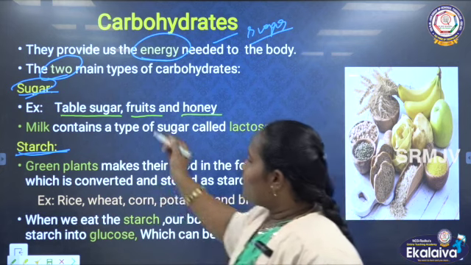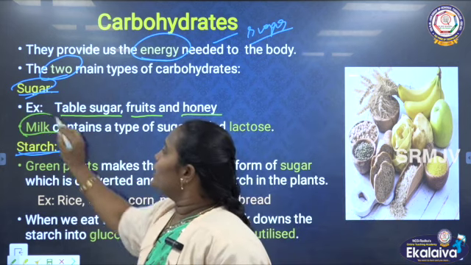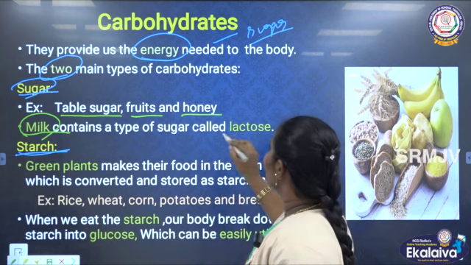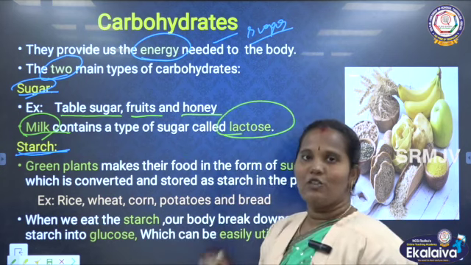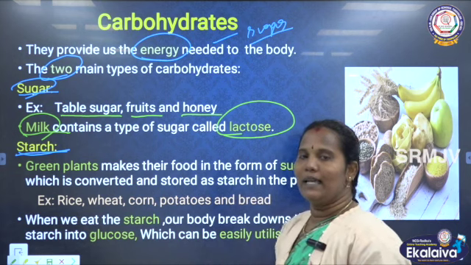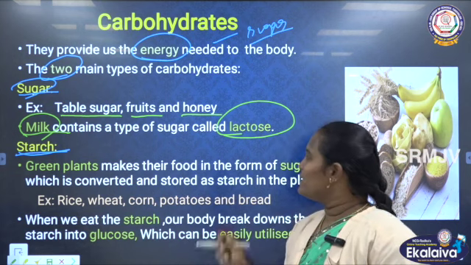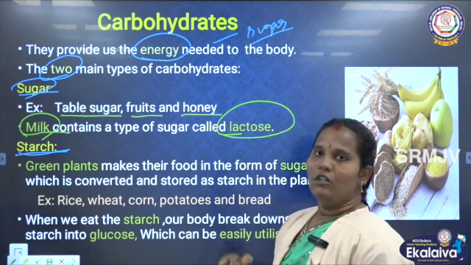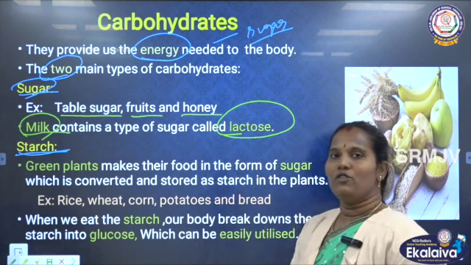Then apart from this, milk contains a type of sugar. This sugar is called lactose. Sugar is of many types, and one of the types is lactose. This lactose is present in milk. So this is the example for the sugar content.